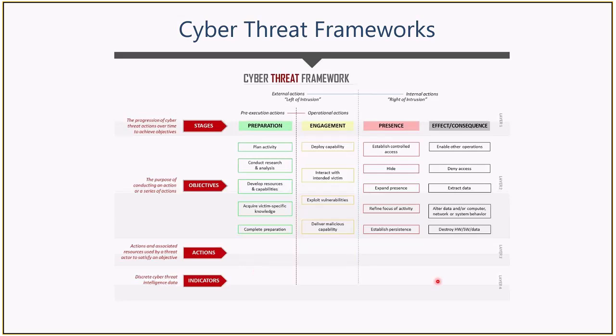Layer 4 is the indicators. These are the indicators for the activities, or the techniques, or the attack patterns that align to the objectives or the tactics that align to the stages of the cyber attack life cycle.